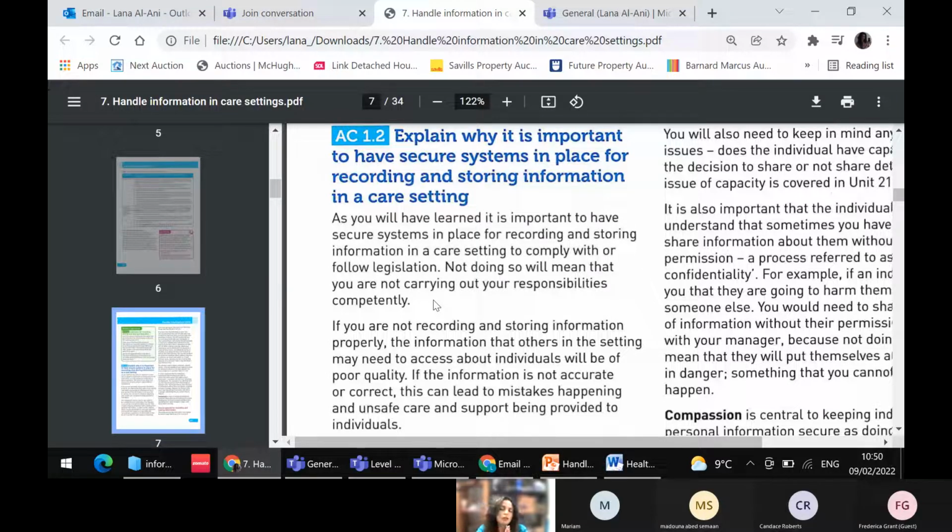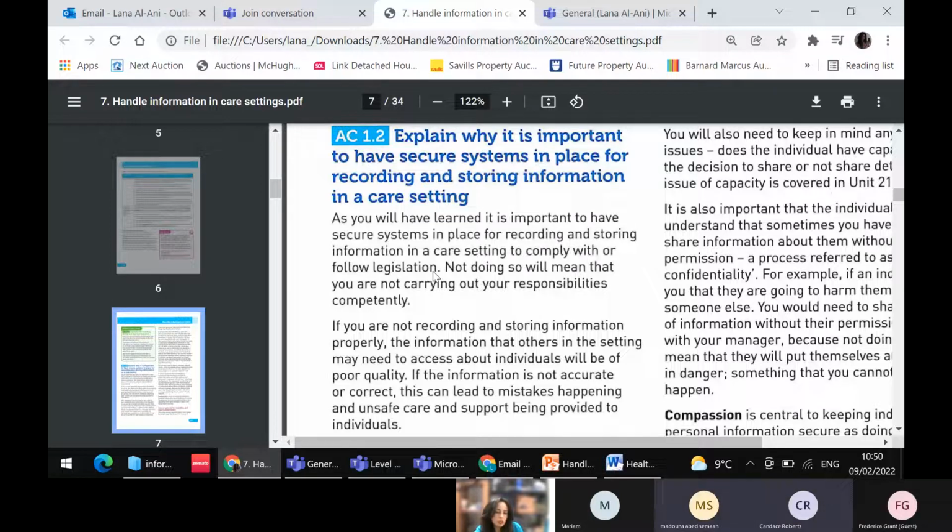Not doing this will mean that you are not carrying out your responsibilities properly. So we need to have a secure system because we need to follow all the legislation in the country about data and information. And we need to comply with these legislations.